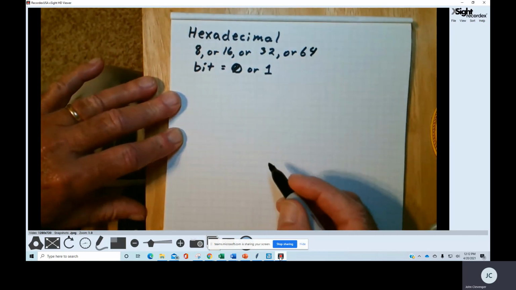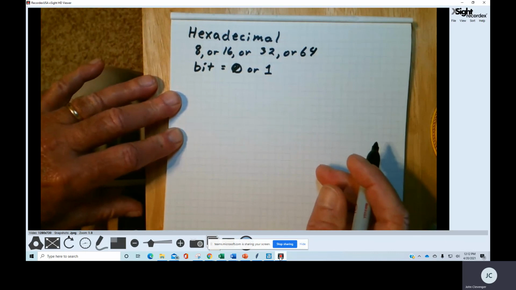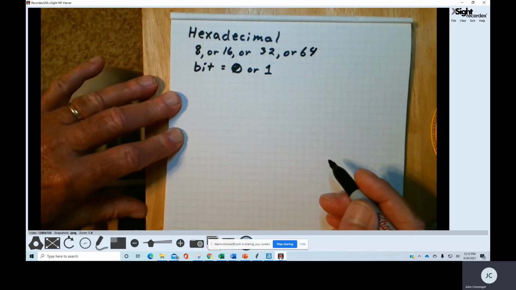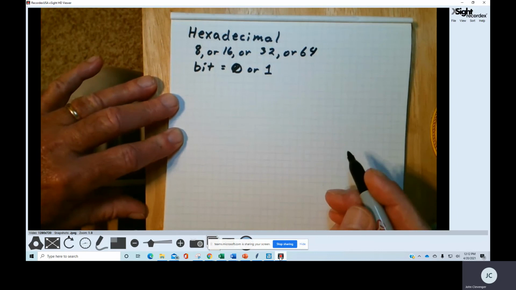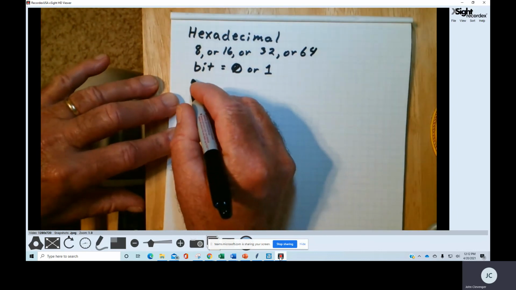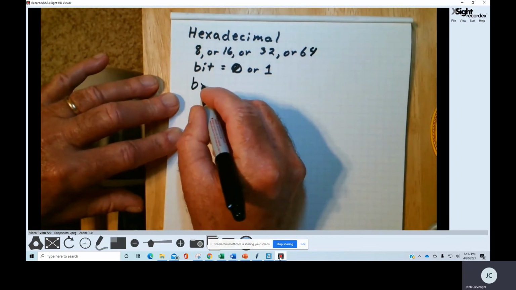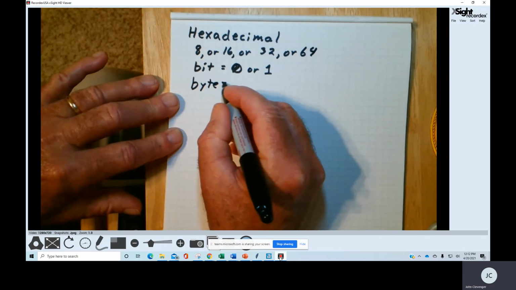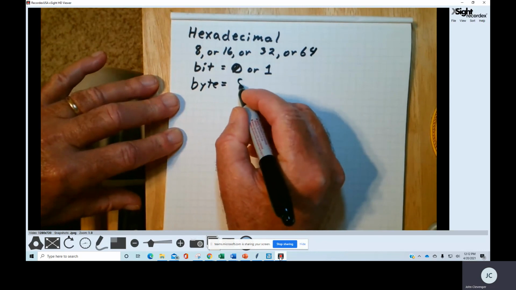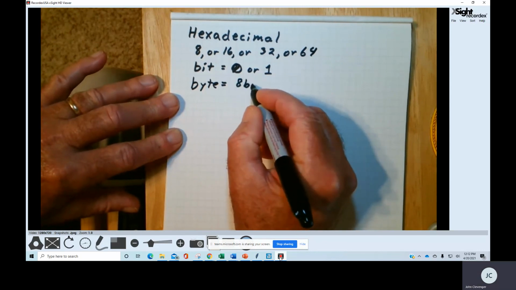So a bit is just simply a piece of digital information. It's either a 0 or a 1. We use the term byte to equal a group of 8 bits.